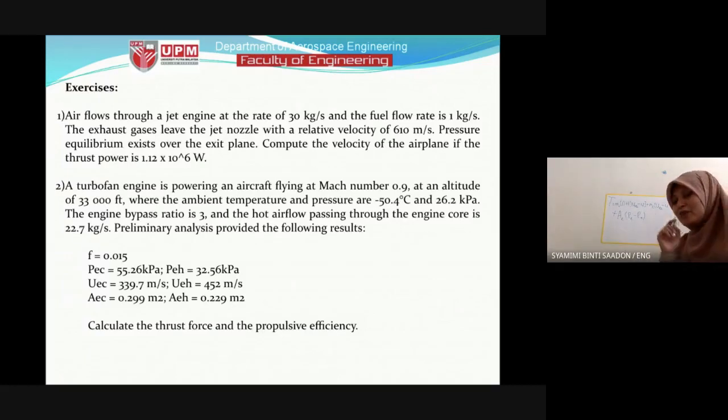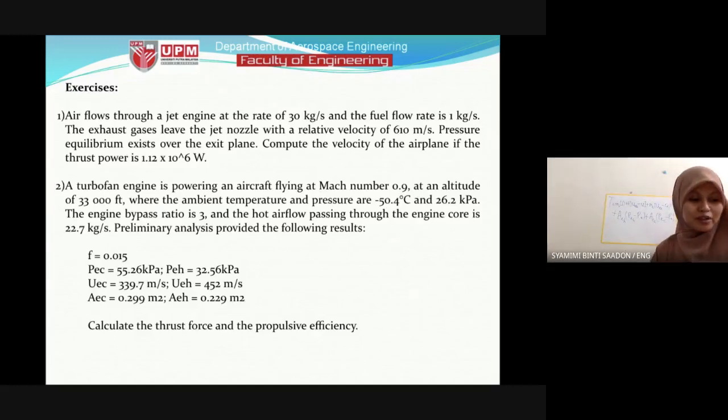But here for turbofan, we have to differentiate. This is H, the hot exit, plus the same thing for the cold part, PEC minus PA. Exactly the same, just that this is H and this is C, because we have two airflows. So that's it, we have 4 terms for the thrust force equation.